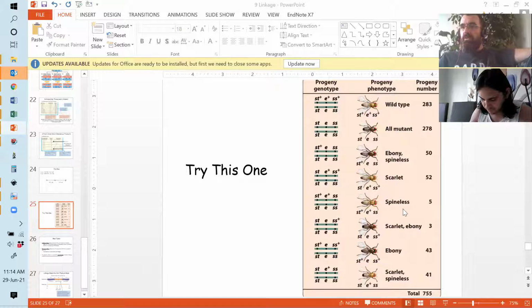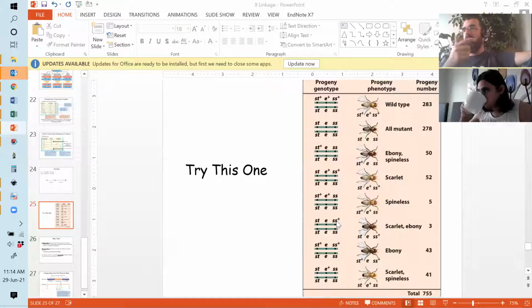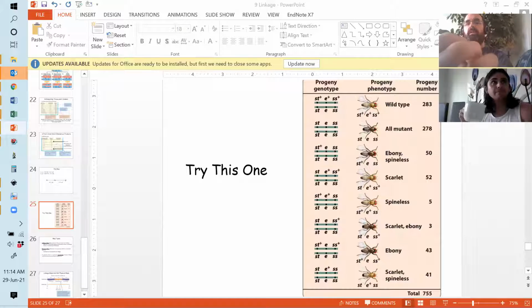So single crossover in spineless, it's the SS, right? The other two are wild type. And in scarlet ebony, the thing which is normal is also SS, right? Because they're reciprocals. So SS has to be in the middle. So what's the gene order?